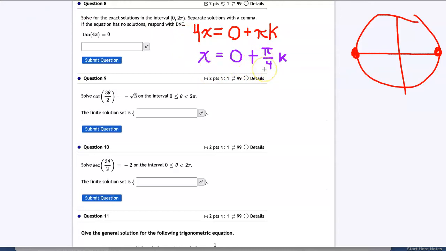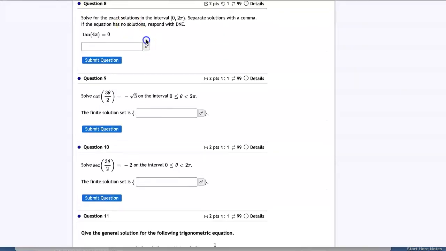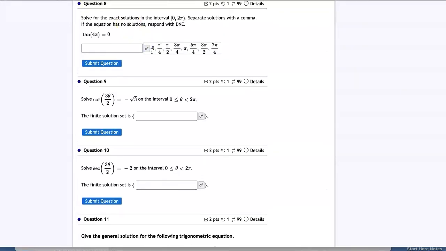By fourths. 1/4, 2/4, 3/4, 4/4, 5/4, 6/4, 7/4, 8/4. When you get to 8/4, that's 2. Look at your solutions. 0, 1/4 pi, 2/4 pi, 3/4 pi, 4/4 pi, 5/4 pi, 6/4 pi, 7/4 pi.